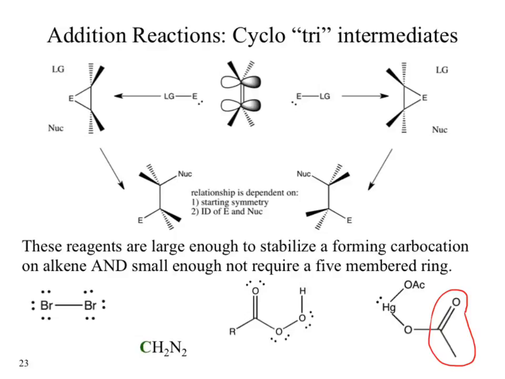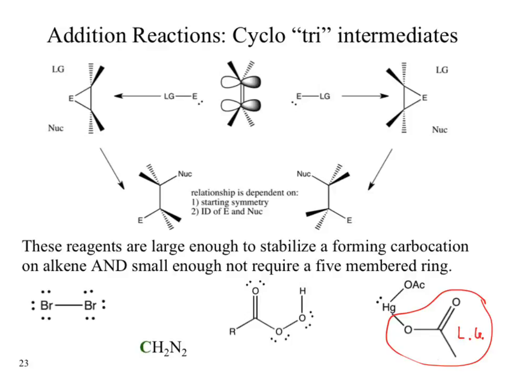When referring to mercury acetate, the AC is actually referring to acetyl. That is an acetyl group connected via an oxygen to the mercury. What is special about that group as a whole? This now whole group. Resonance stabilized, which means it is a leaving group.